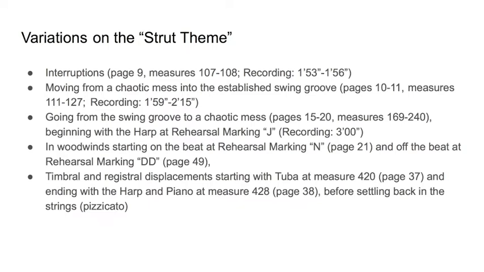The tuba comes in, and then it's joined on that second note of the theme with a flute that is something like, if memory serves me right, 4 octaves higher than where that tuba was. This timbral and registral displacement in the strut theme continues on to measure 428 before settling back in with the strings on pizzicato.